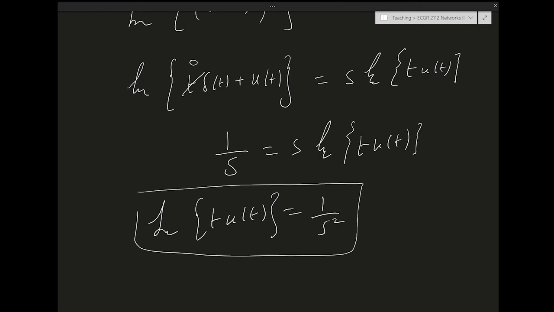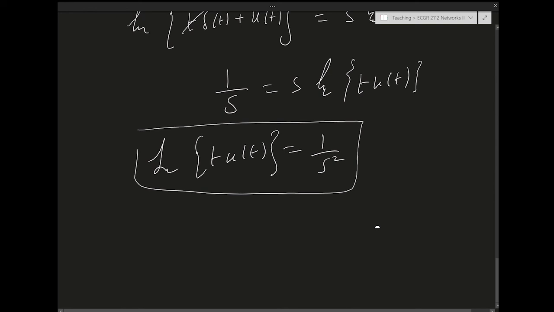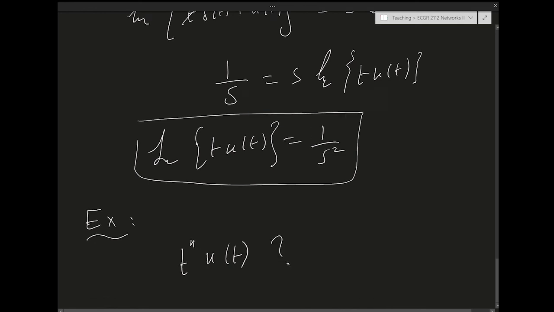Right, so now we know how to do t u of t. What about, in general, if we have t to the power n times u of t? What's the Laplace transform for this?